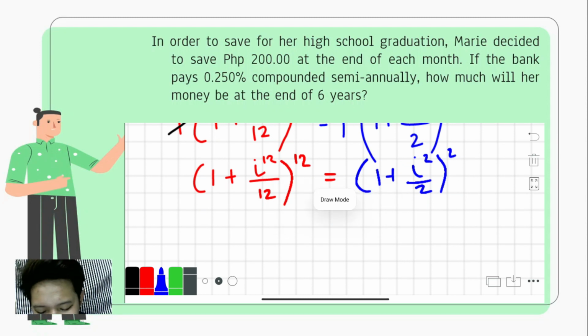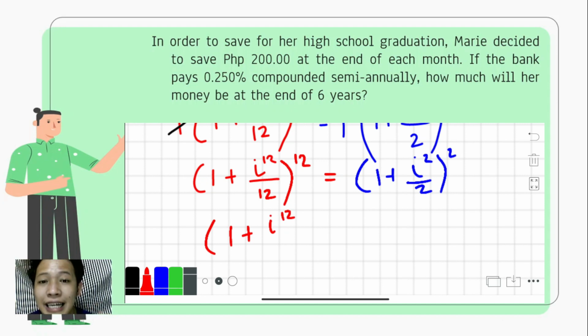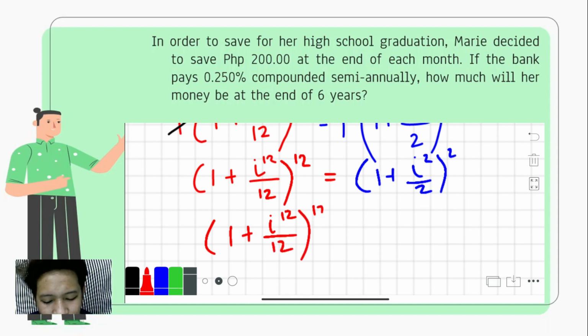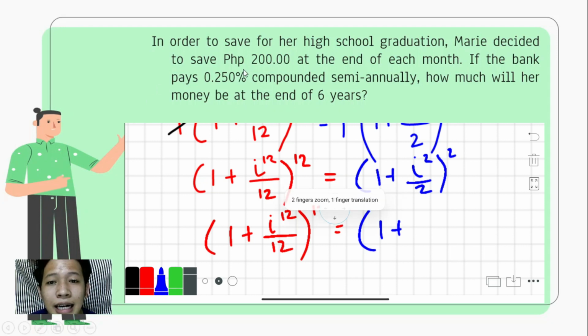So, we have 1 plus i raised to 12. So, ito po yung hinahanap natin, yung monthly. Okay? So, lagi pong yung monthly or yung interval payment yung hinahanap natin. Okay po? So, yung kadugsong ni R. So, that is i raised to 12 over 12 raised to 12 equals 1 plus, so yung i raised to 2 natin, yun yung kaakibat nung ating nominal rate.